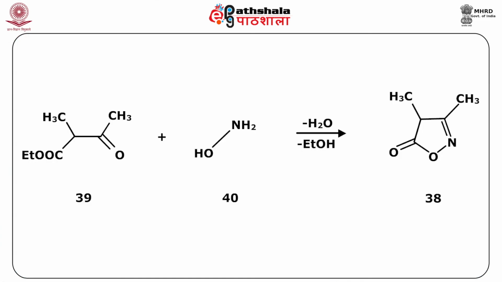This is a one-step reaction, and ethyl 2-methyl-3-oxobutanoate reacts with hydroxylamine to give 3,4-dimethyl-isoxazol-5(4H)-one 38, represented by the structure 38 and shown in the figure.